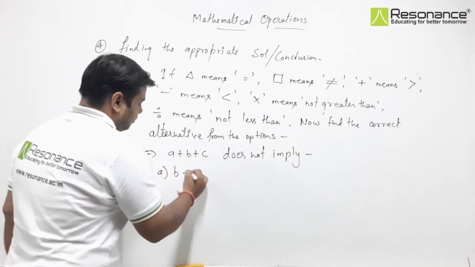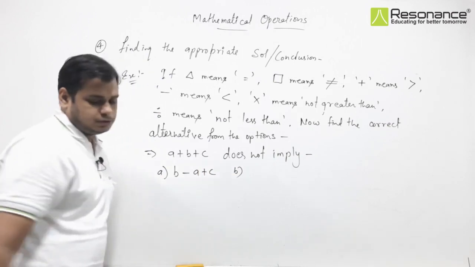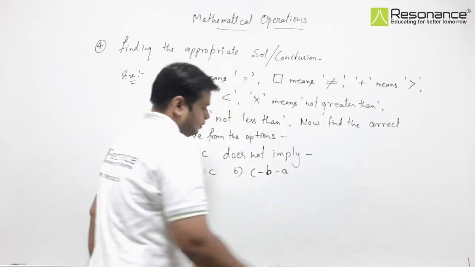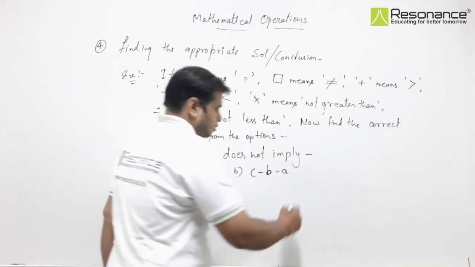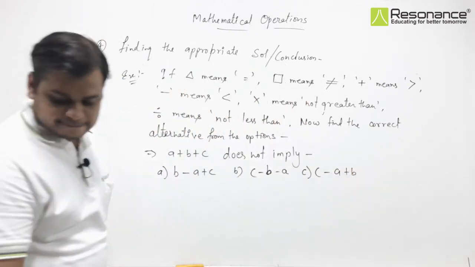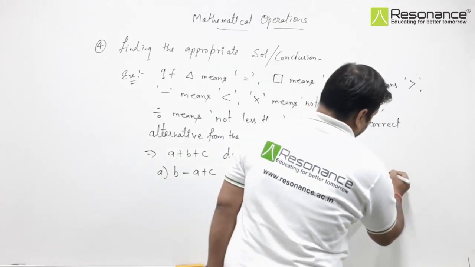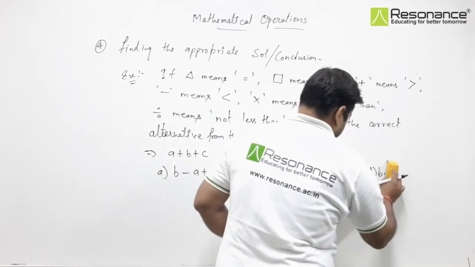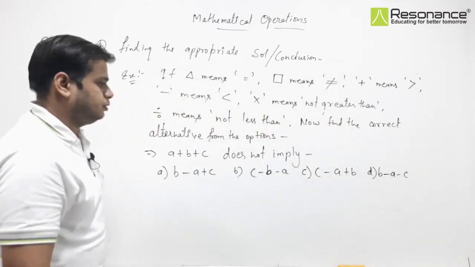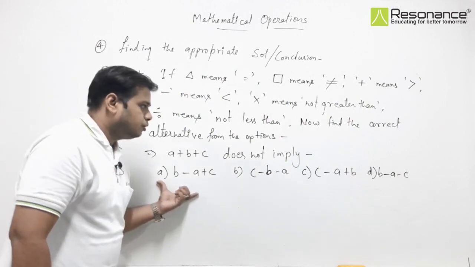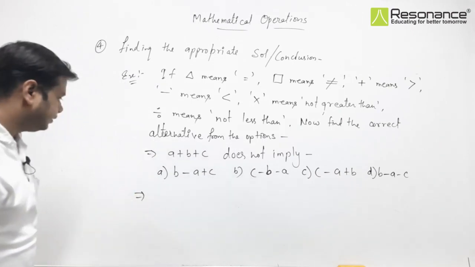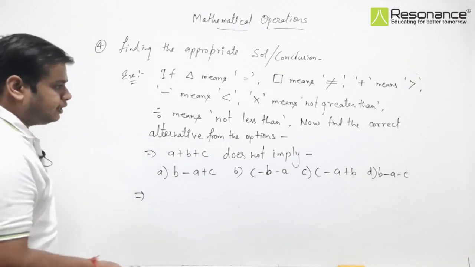Option A, B minus A plus C. Option B, C minus B minus A. Option C, C minus A plus B. Option D, B minus A minus C. So we have to substitute and then find what may be the correct answer, what may be the appropriate conclusion.